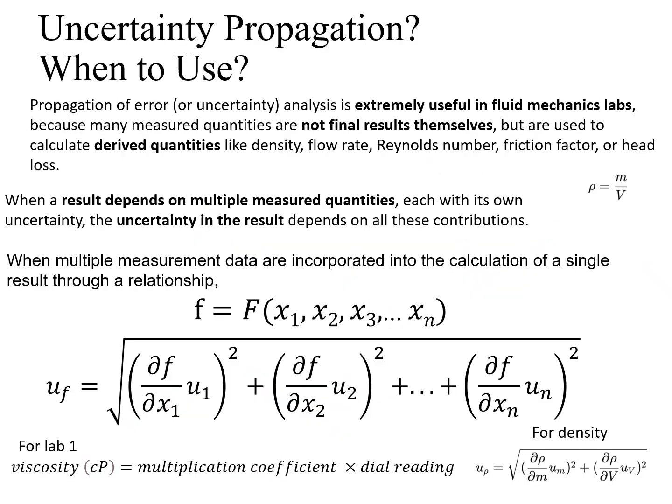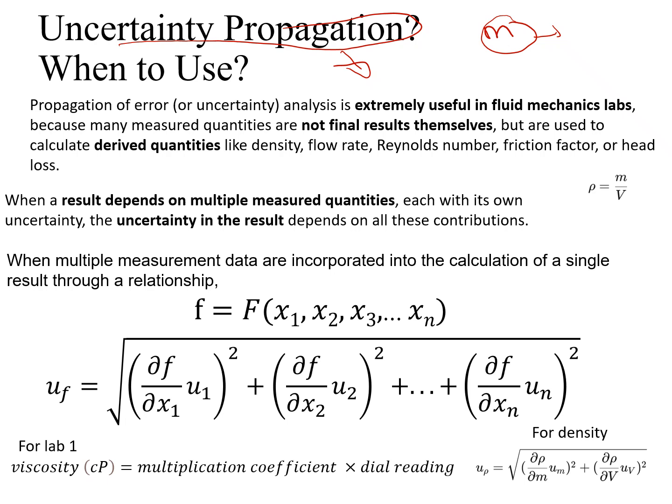Okay, now the big question. So we are measuring just mass, just one variable we are able to make the measurement of, and we didn't talk about propagation of error. The question is, when do we need to use the propagation of error?